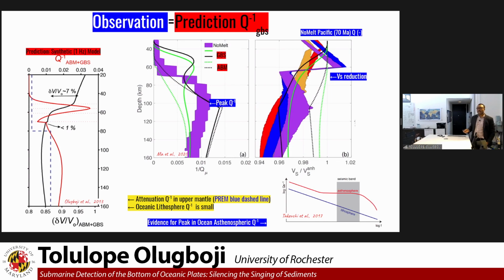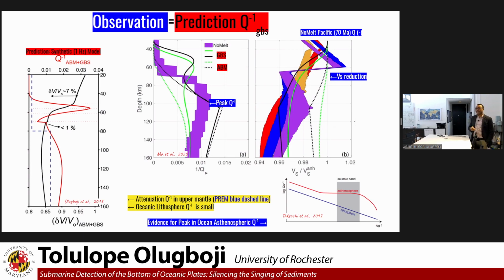There are results coming online now that this peak in attenuation might be a plausible idea. Here are two authors, Takeuchi 2017 and Ma and Dalton from the Brown group. The purple curve is the result after constraining shear attenuation using a seismic array somewhere in the Pacific.